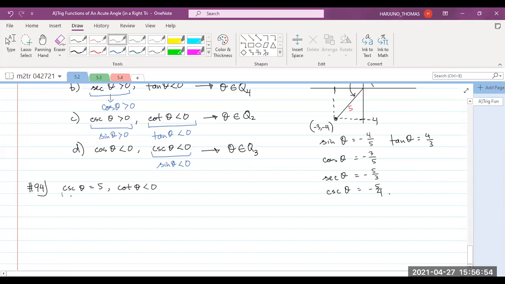Now that means sine theta equals 1/5, right? Which is positive. Now, tangent theta is negative. Which quadrant will that be if the sine is positive but the tangent is negative?